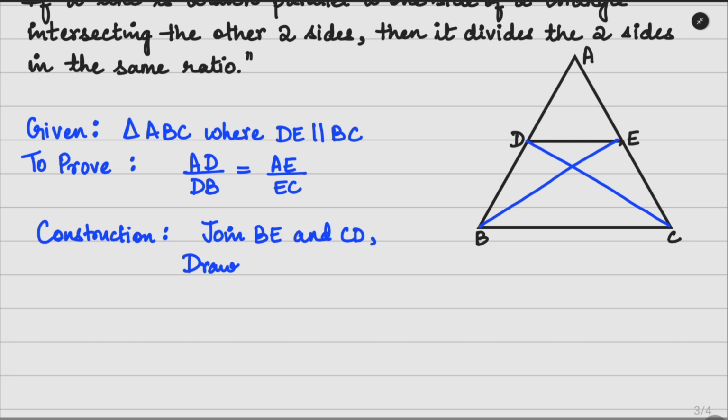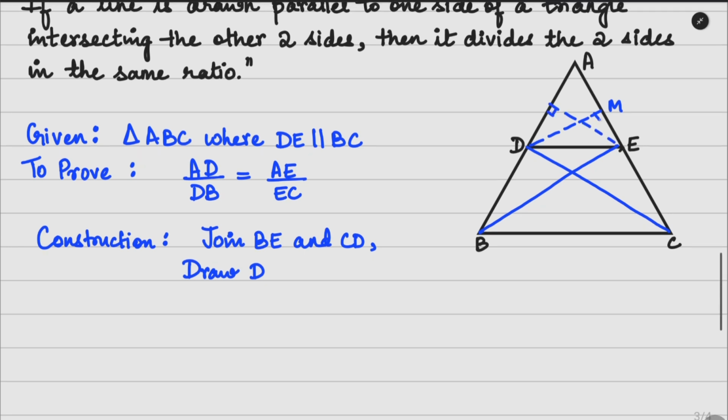From D you have to draw a perpendicular onto AC, so let it be DM, and from E also you will have to draw a perpendicular onto AB. So these two are perpendiculars. Let this be N.